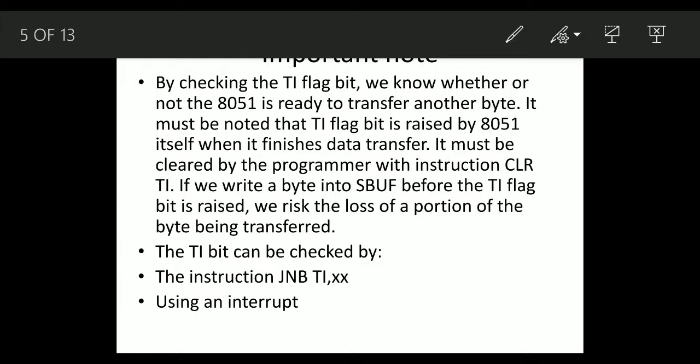Whatever is on SBUF has been sent outside. Then you are free to load the SBUF register with the next byte. But before loading, the TI bit has to be cleared. I think everybody has understood what I mean about the TI flag. Is it okay? Yes. Now let us go to the next slide.